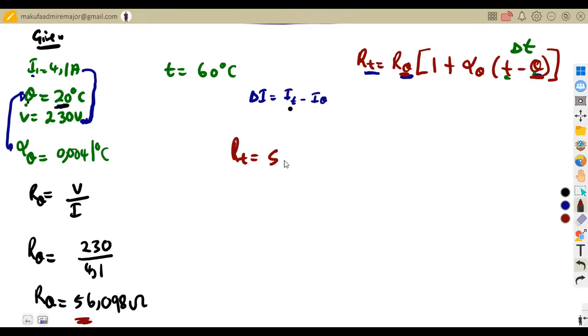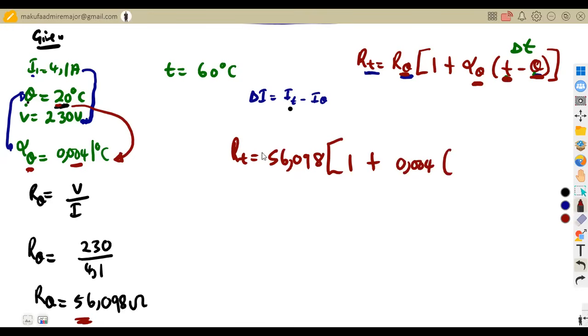Our resistance is 56,098 into 1 plus the temperature coefficient at 20 degrees Celsius, that is 0,004, into T, which is our final temperature of 60 degrees, minus the initial temperature where we started from, 20 degrees Celsius. So that is the whole idea.